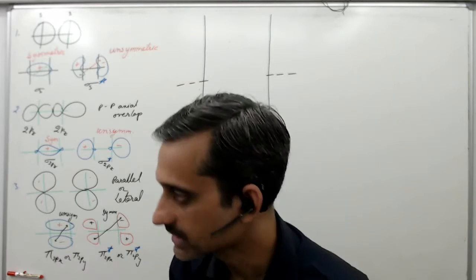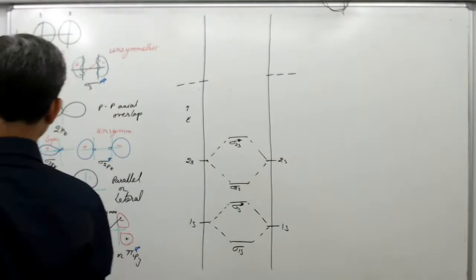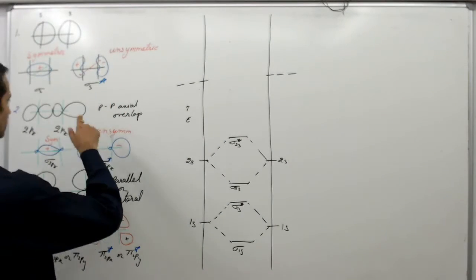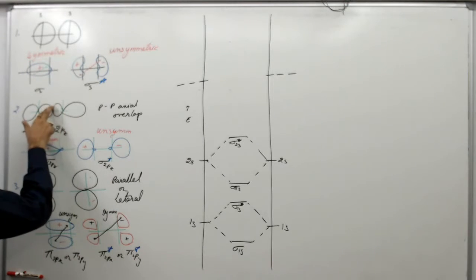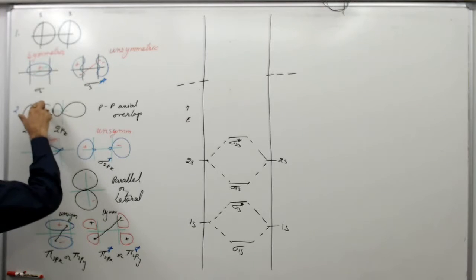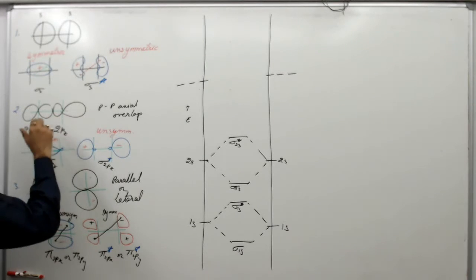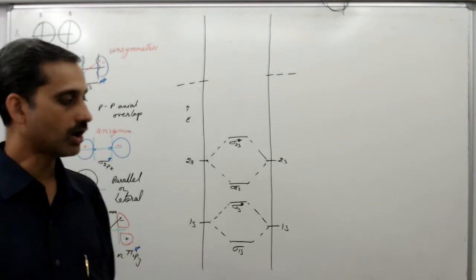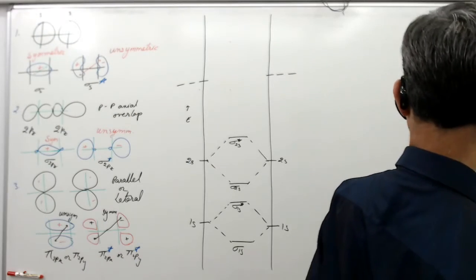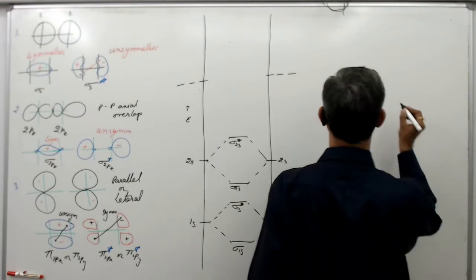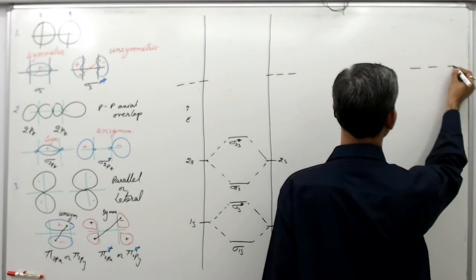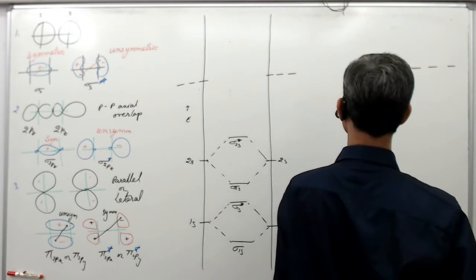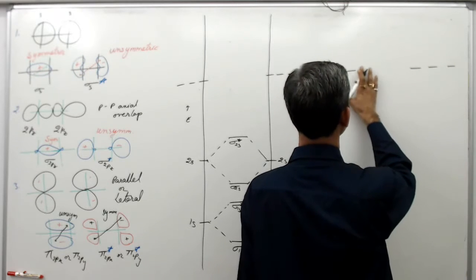So when we talk about the sigma orbital formation of the 2p, the region which is overlapping is quite high. So when I make the sigma orbitals, let us say I talk about the merging of the three p orbitals, 1, 2, 3, then what should happen?